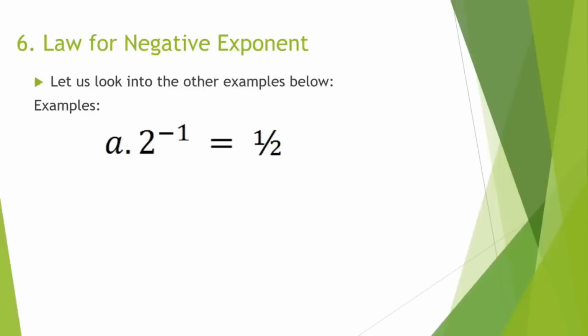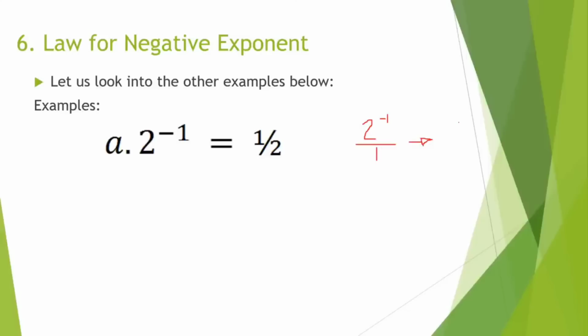Okay, so here are some examples. So 2 raised to negative 1 can be written as 1 over 2. How did that happen? So we know that 2 raised to negative 1 can be written as 2 raised to negative 1 over 1. Now to apply the law for negative exponent, we get the reciprocal.